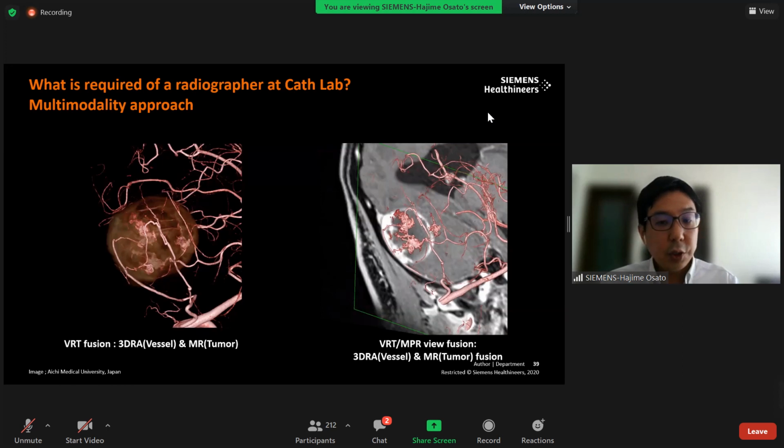The angio volume data is reconstructed from angio 3D imaging. Thin slice data of around 1 millimeter to 2 millimeter is required from the other modalities. Okay, so if you want to make an image like this, image data preparation is required. All right.